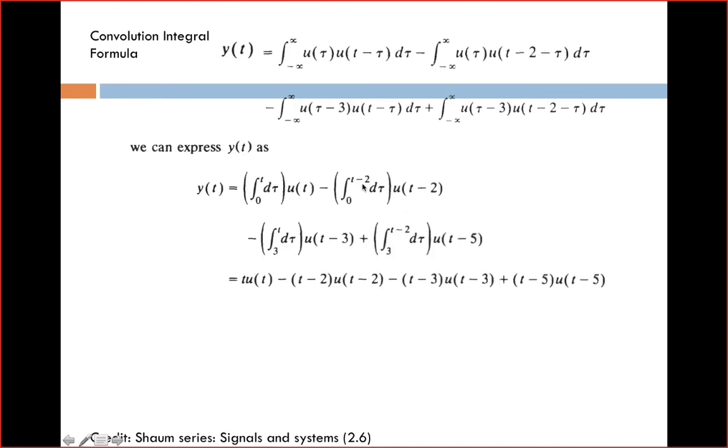Similarly, when you substitute the limits in this equation, you will get 4 different terms. By simply integrating these terms, you will get this answer.